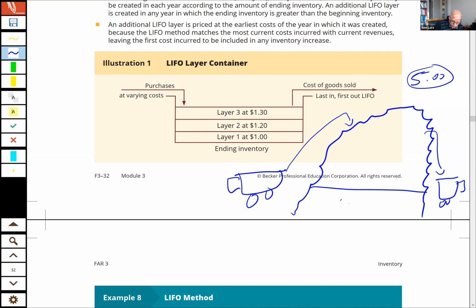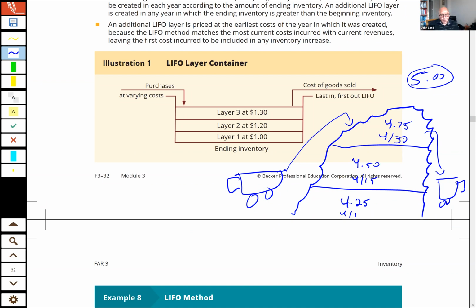His cost was $4.25 for those that came in on 4/1, $4.50 for those that came in at 4/15, and $4.75 for the ones that came in at 4/30.